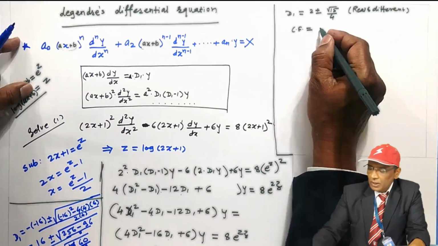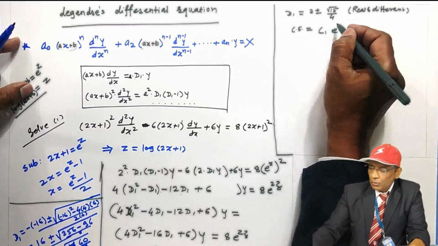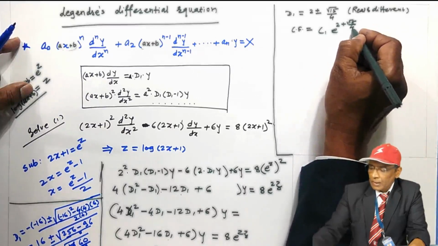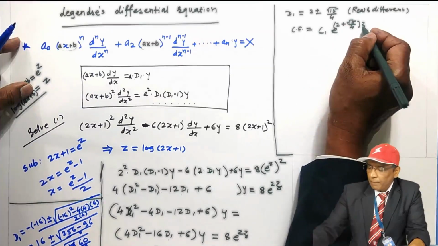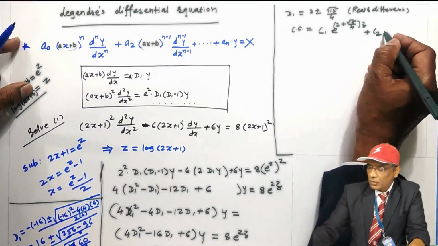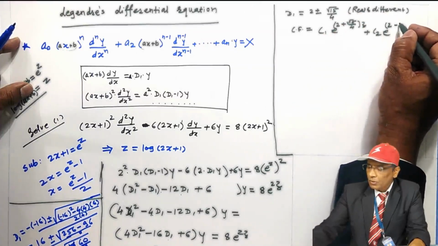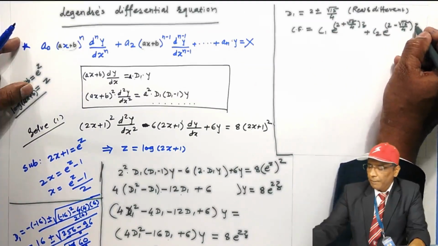Therefore, C1 e to the power 2 plus under root 10 by 2 into z, plus C2 e to the power 2 minus under root 10 by 2 into z.